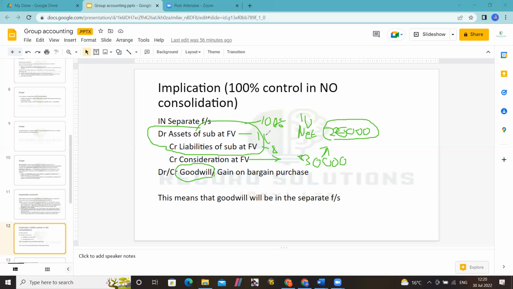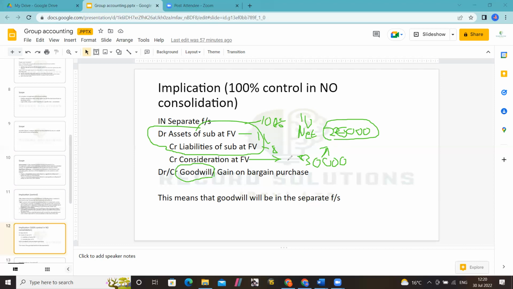You have this 20,000 debited in the assets part, and then this 30,000 credited in total. So what's left? You have to put in a debit of 10,000 so that the journal entries balance. That's where goodwill comes from. You're going to say debit goodwill 10,000, it's the asset. So of this 30,000, 20,000 was for the net identifiable assets and 10,000 was for the goodwill.